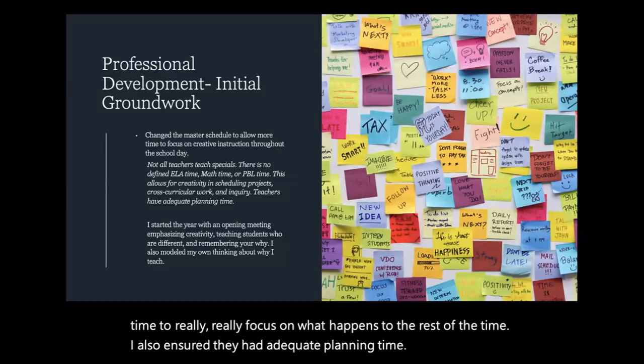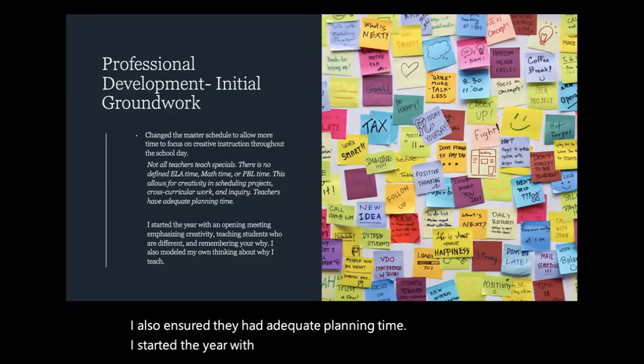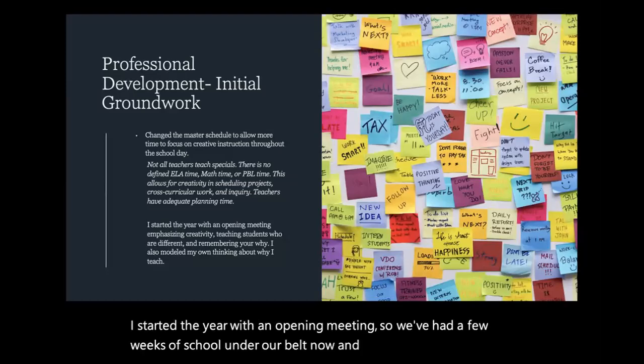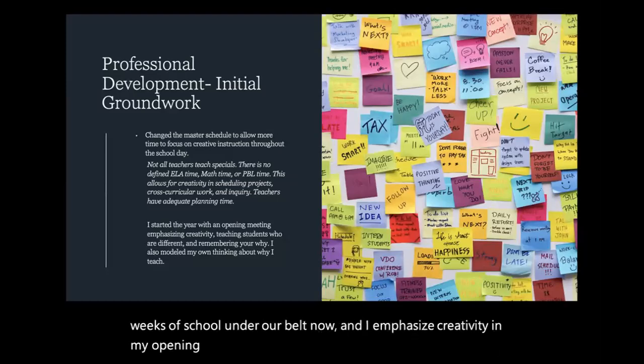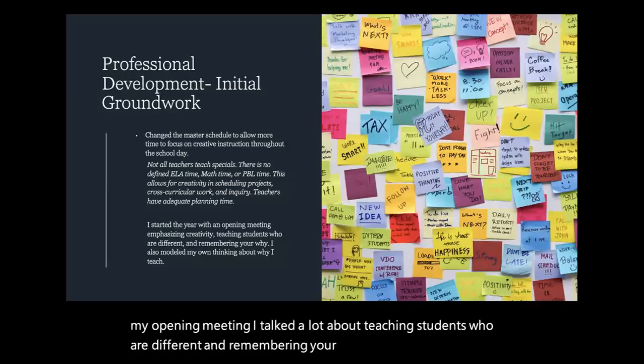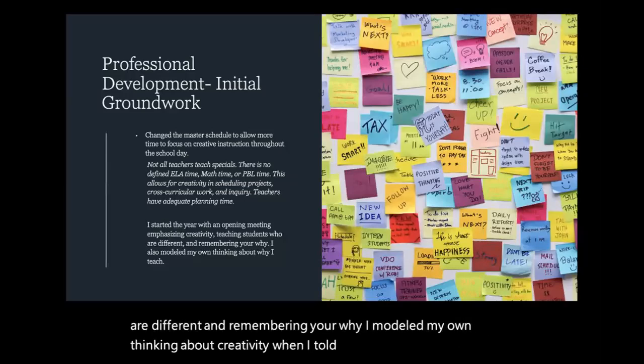I started the year with an opening meeting. So we've had a few weeks of school under our belt now. And I emphasized creativity in my opening meeting. I talked a lot about teaching students who are different and remembering your why. I modeled my own thinking about creativity when I told the teachers my why for teaching.